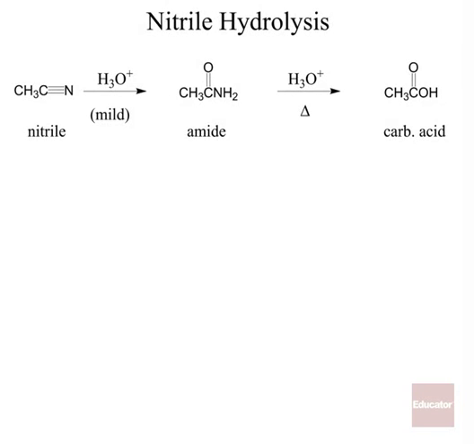Now let's just take a look at a nitrile example, because the nitrile looks a little different than the ester. All the other carboxylic acid derivatives would have essentially the same mechanism as the ester, but the nitrile looks a little different, so let's see how we would handle that. Now first of all, when we do a hydrolysis on a nitrile, there's two possible products you can get.